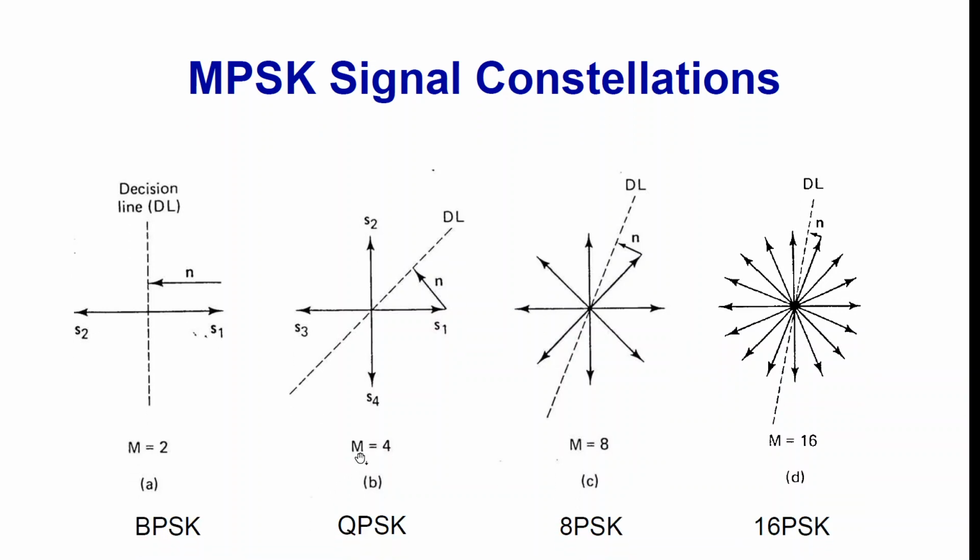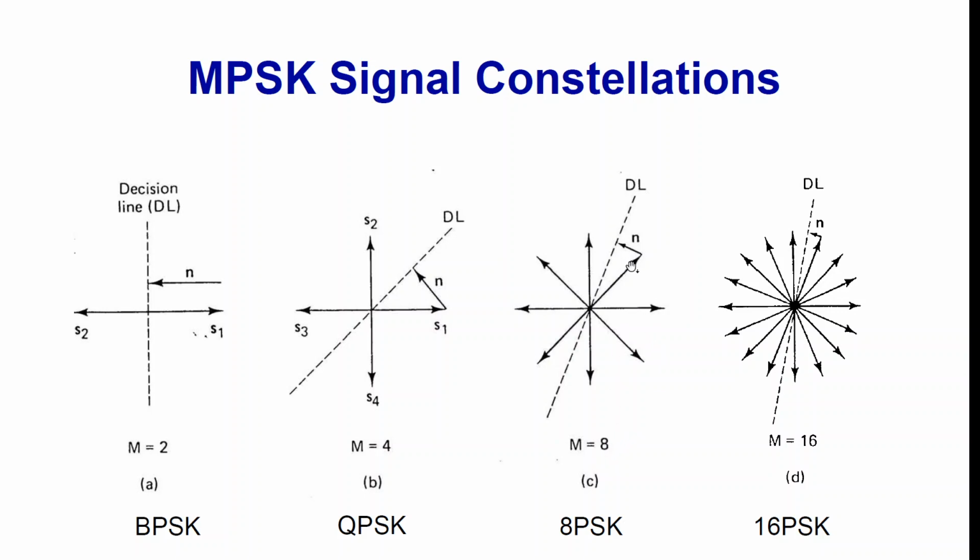So M equal to 4, that is small n equal to 2, that is 2 bits combination. It is called QPSK, or quadrature phase shift keying. So we will have 4 points, S1, S2, S3 and S4. We will study QPSK in detail. Then 8 PSK, that is M equal to 8, the number of bits equal to 3.